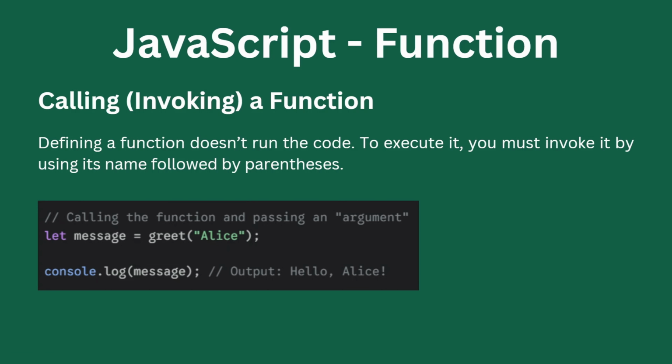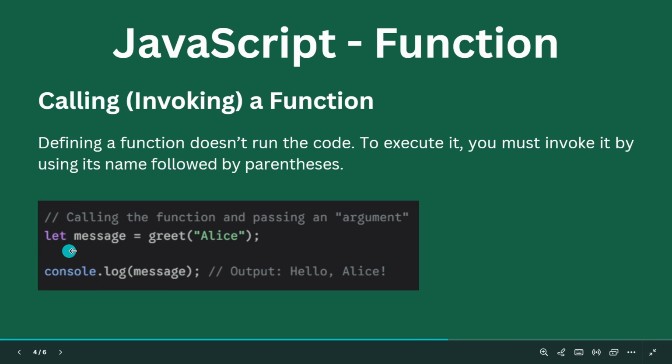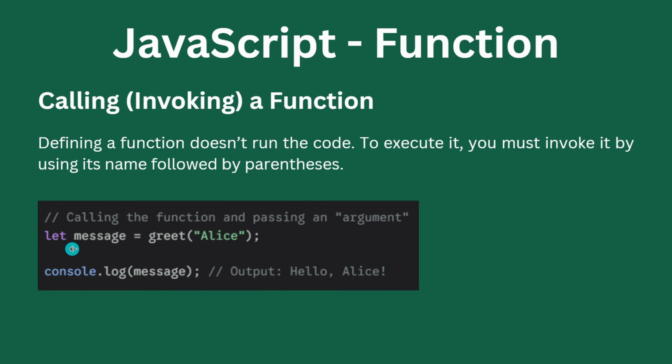And then, how to call or invoke a function that we have built before. Defining a function doesn't run the code. To execute the function that we have built, you must invoke it by using its name followed by parentheses. For example, here we have a variable named music.